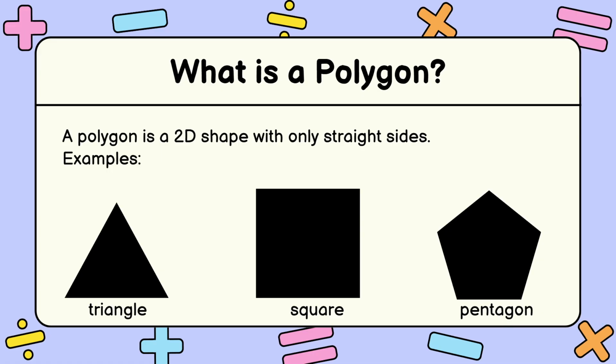The key takeaway here is that polygons are defined by their straight sides. There are no curves involved, which sets them apart from other shapes.